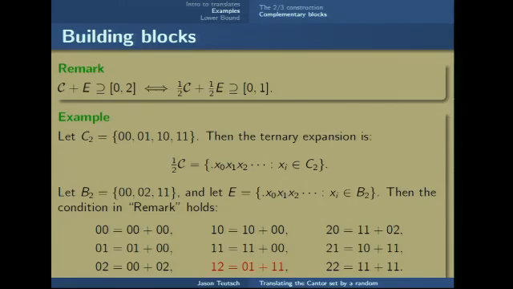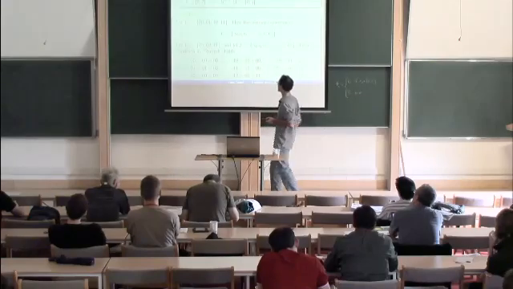Then we can cover the whole real interval by adding points in this set E and this set. I wrote 1/2 E, but I guess it should be 1/2 E up here.